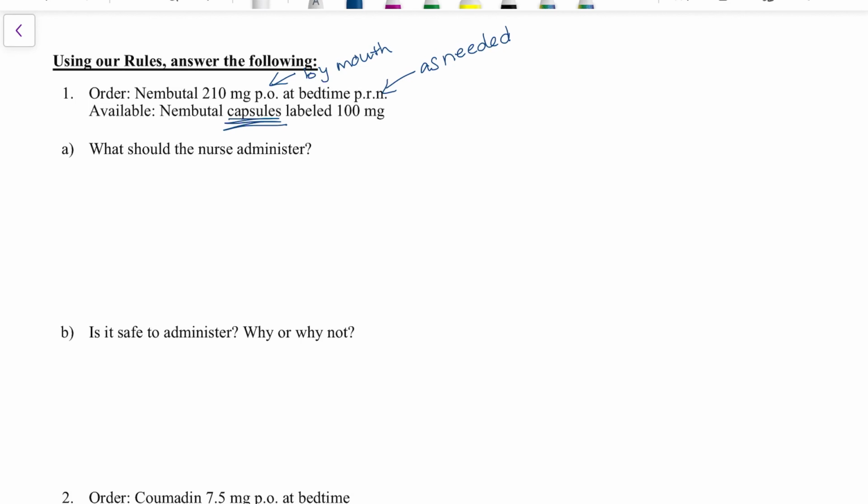Looking at what the nurse should administer, again we're doing available to ordered. Available to us is 100 milligrams in one capsule, and what is ordered is 210 milligrams. How many capsules?